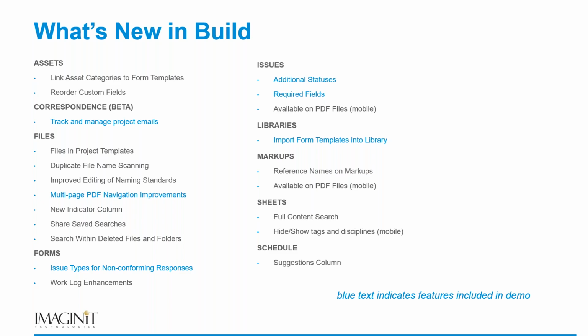For Sheets, we can do a full content search. When you publish your sheets in Build, there's OCR recognition going on in the background when they're processed. It scans the entire document. So in the past, we could really only search sheets by whatever custom tags we created, or discipline, sheet number.